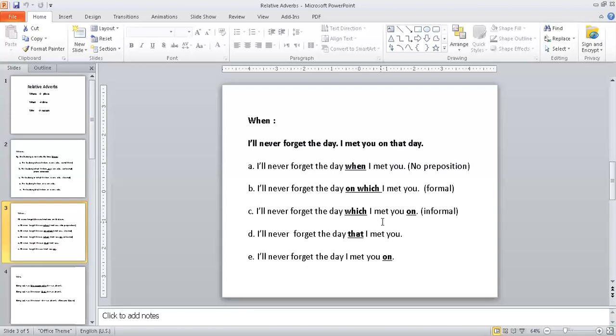So I is the subject and the day is the object. Therefore, you can drop the relative adverb when. And the sentence is like E. I'll never forget the day I met you on. Here, don't forget to use the preposition on when you drop the relative adverb.